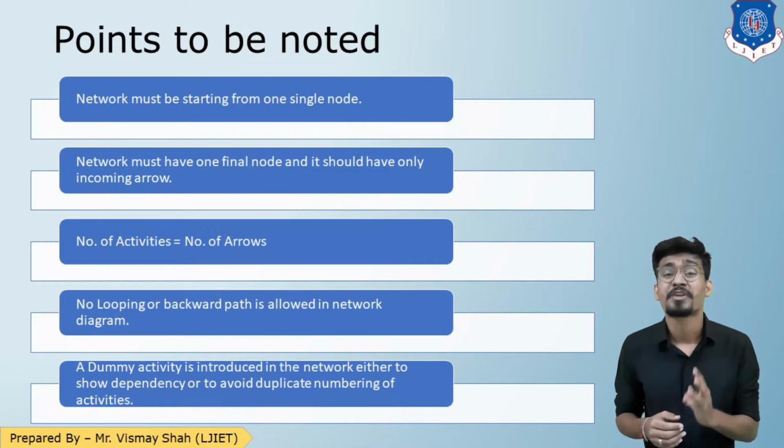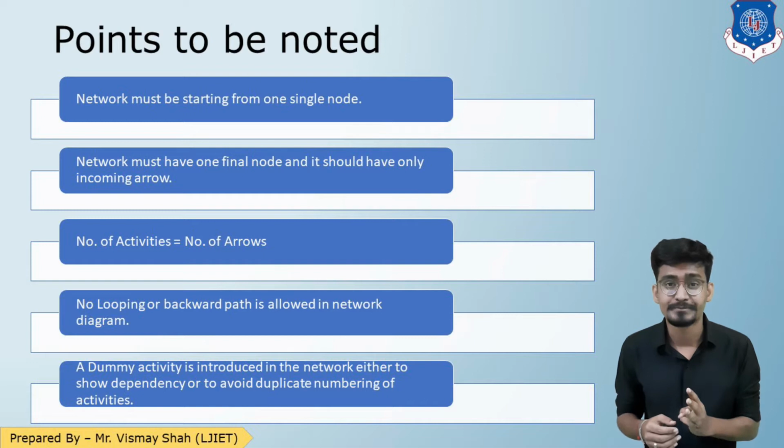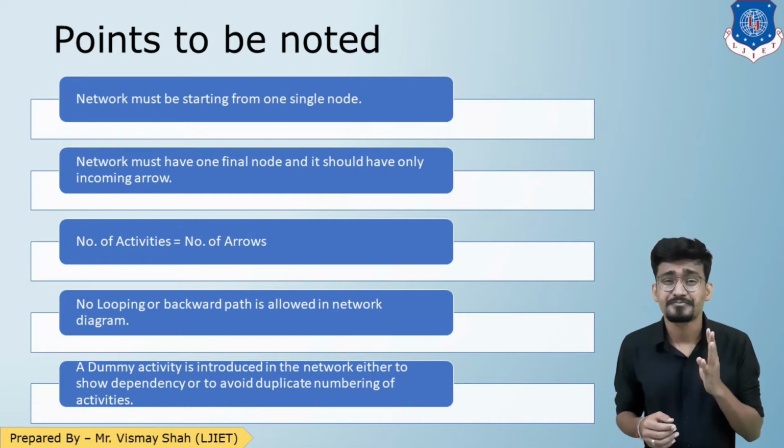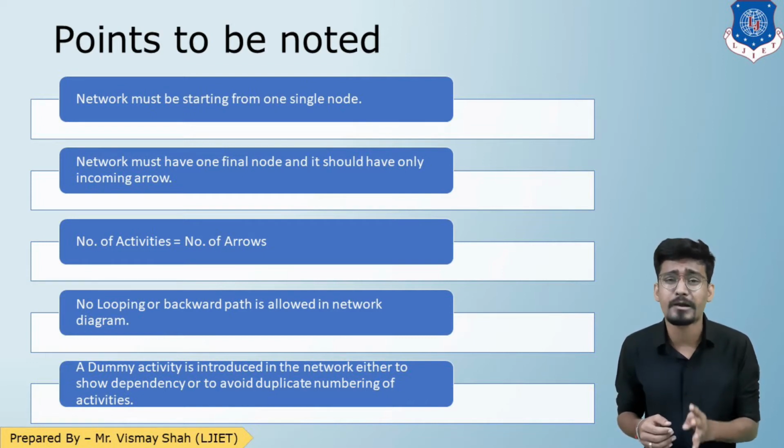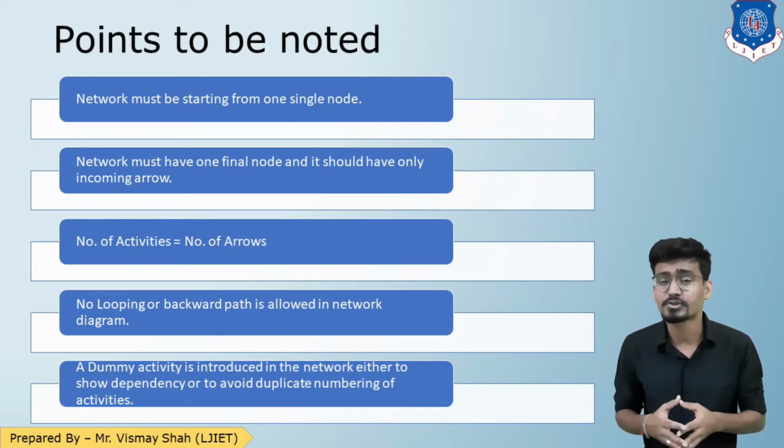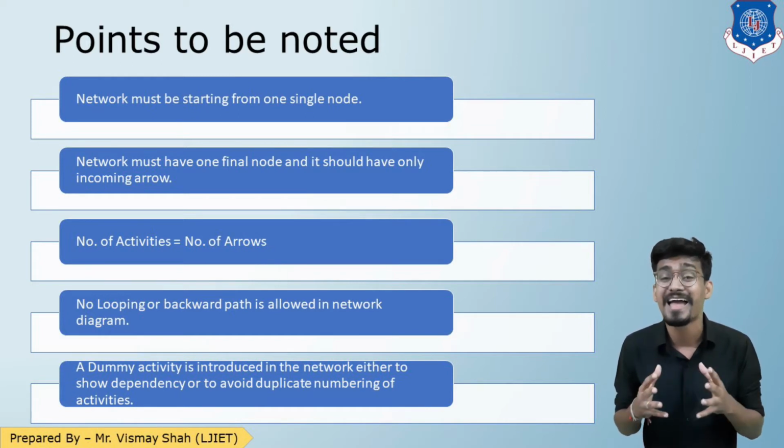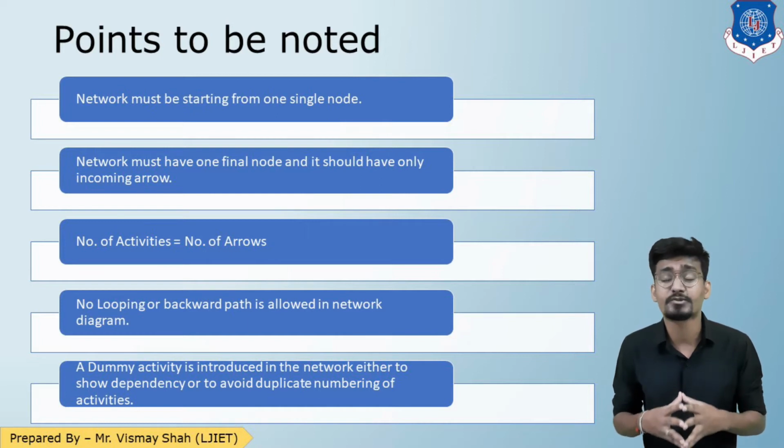Third, the number of activities equals the number of arrows. Fourth, no looping or backward path is possible in the network diagram. And the last, a dummy activity is used to maintain the logic or to reduce the duplication of the activity. So these are the points we need to keep in mind while drawing the network.